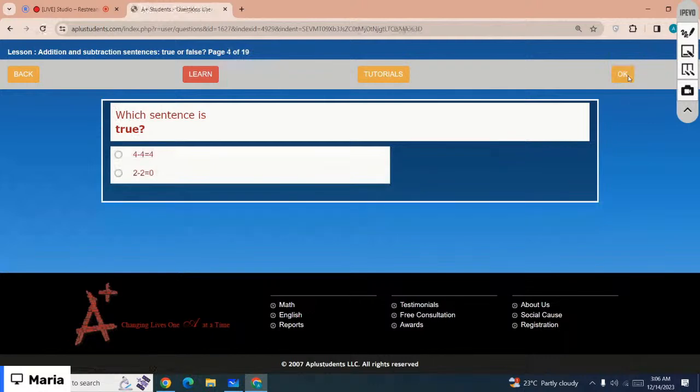Okay, which sentence is true? 4 take away 4 equals 4, or the other one, 2 take away 2 equals 0. So which is the correct option?